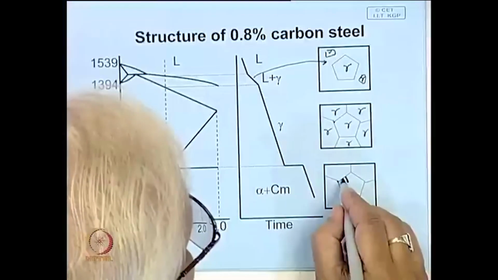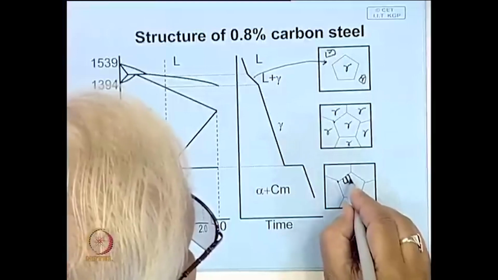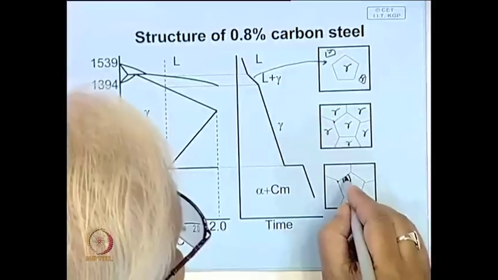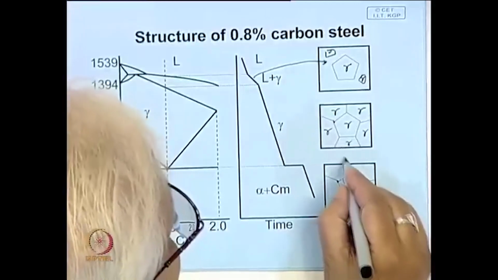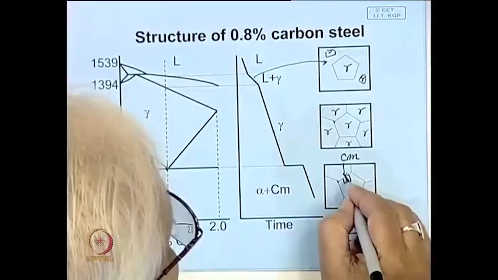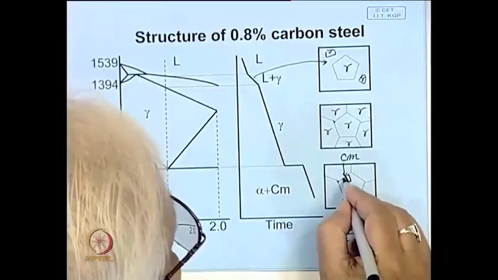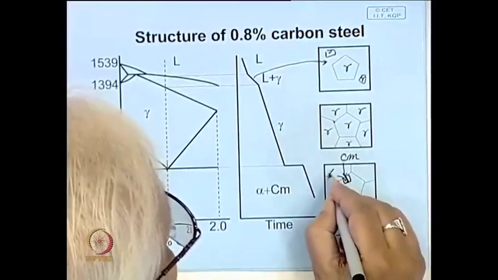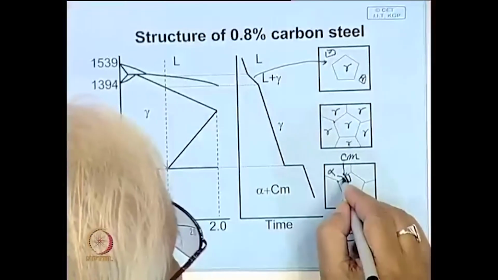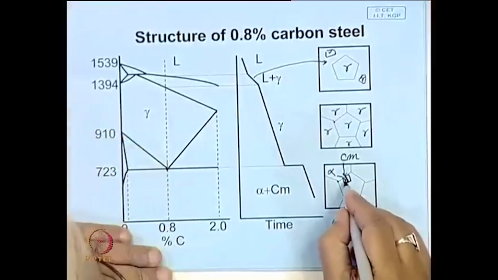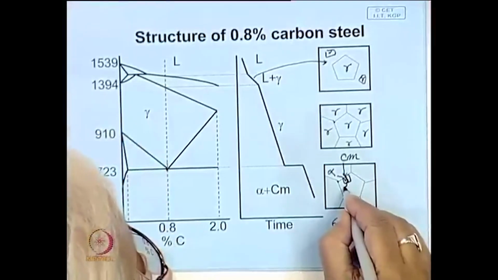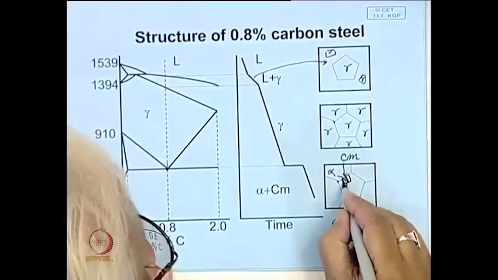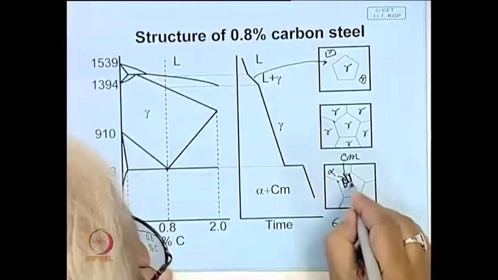When it gets depleted, another plate of very low carbon area will form. So, this is cementite. Let us say the dark line is cementite and this white, bright area is ferrite. When this ferrite precipitates out, carbon gets rejected to the interface, and here again a plate of cementite nucleates.